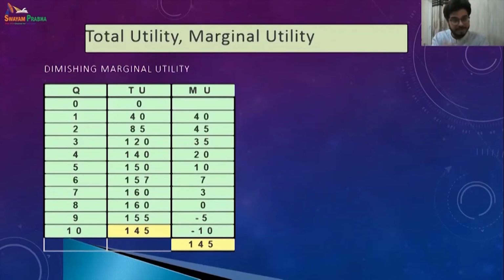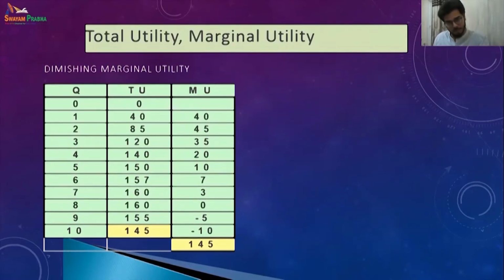I am having my second Rasgulla, delta U by delta X. My total utility is 85. What is my marginal utility? The change in total utility, 85 minus 40, divided by the change in the number of Rasgullas consumed, 2 minus 1. Now I am having 2 Rasgullas; previously I was having 1 Rasgulla.